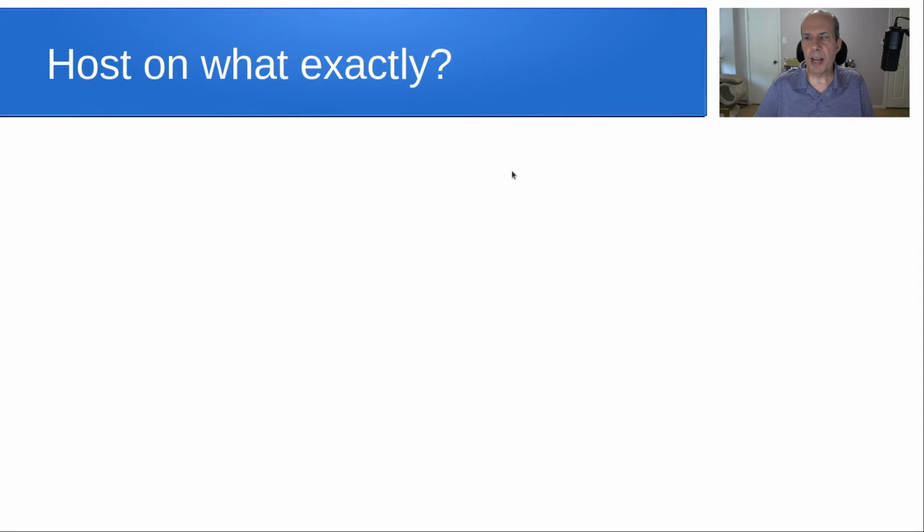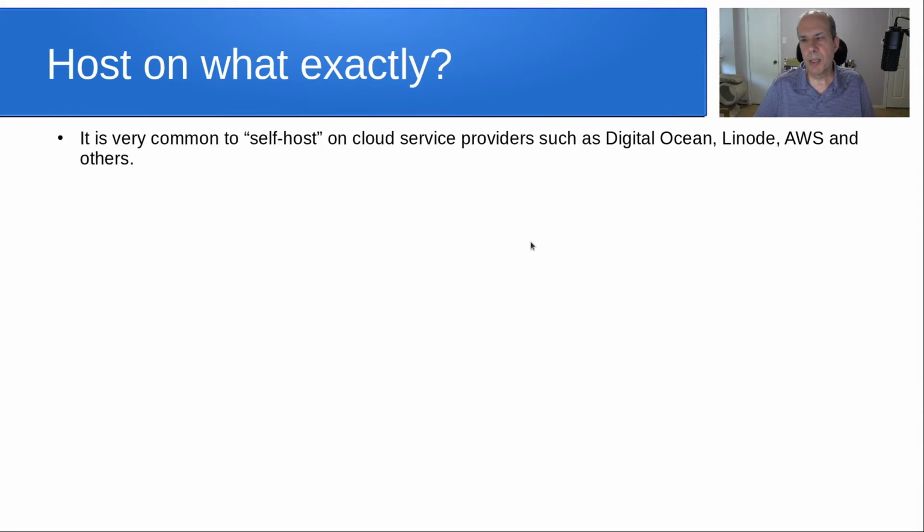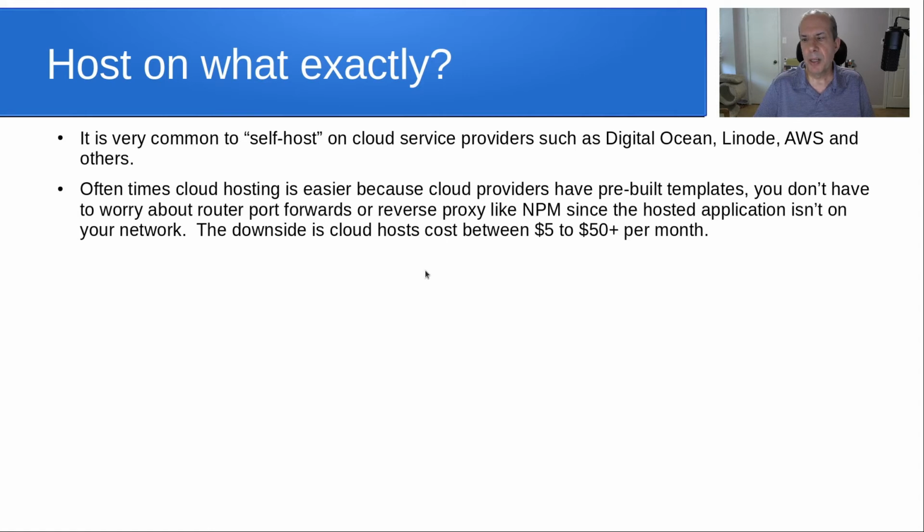So what exactly do we host on? It's very common to self-host on cloud service providers such as DigitalOcean, Linode, AWS, and others. Oftentimes, cloud hosting is easier because cloud providers have built-in templates. Build me a Rocket Chat server. They actually have templates like that. And you also don't have to worry about router port forwards or reverse proxy.